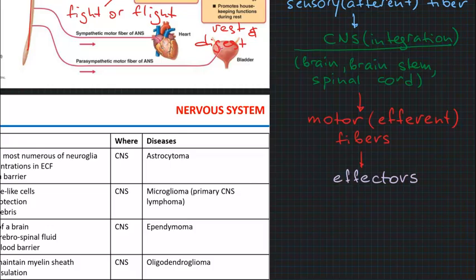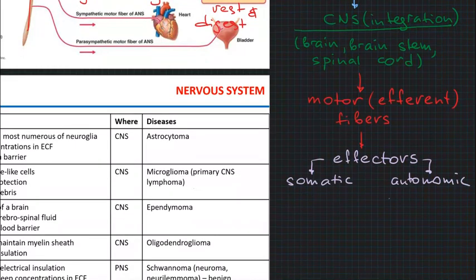Effector is something that actually does things. So there are two types of effectors, as we just discussed: somatic and autonomic. Another term for autonomic is visceral. You know the verb to eviscerate?